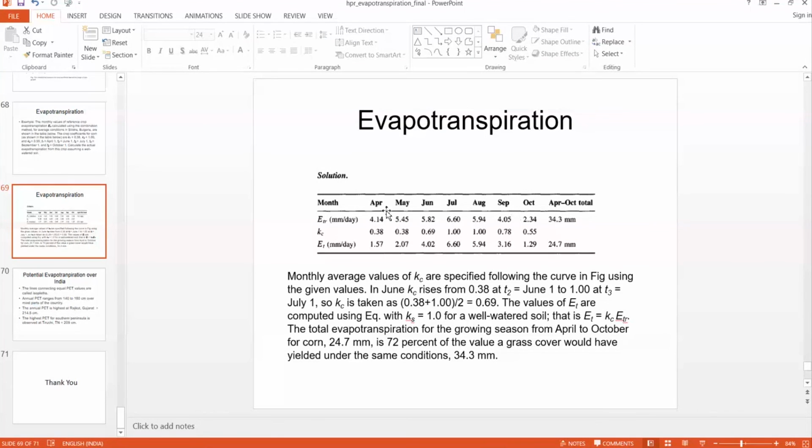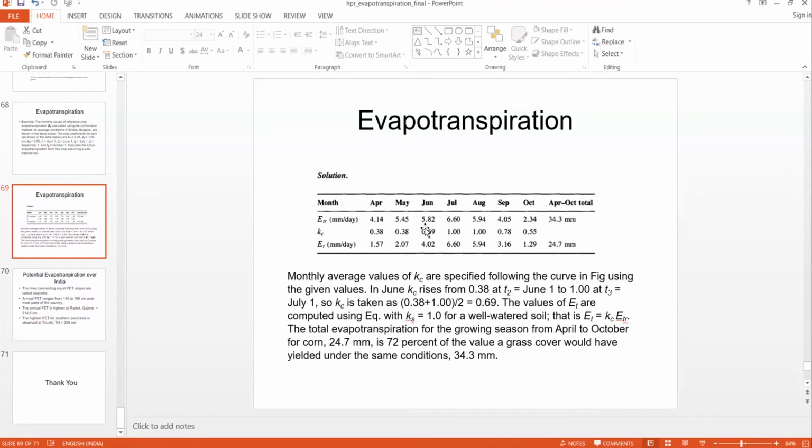Like for April it is 4.14, May 5.45, June 5.82, and July 6.60. Then again August 5.94. So you can see that this evapotranspiration of reference crop, that is April, is just as summer is starting.